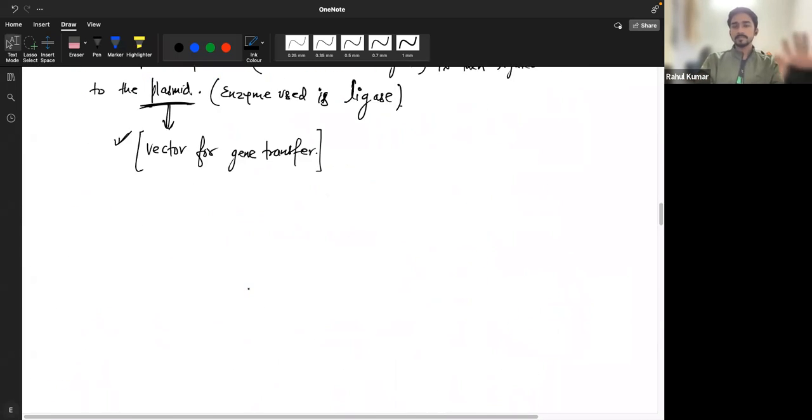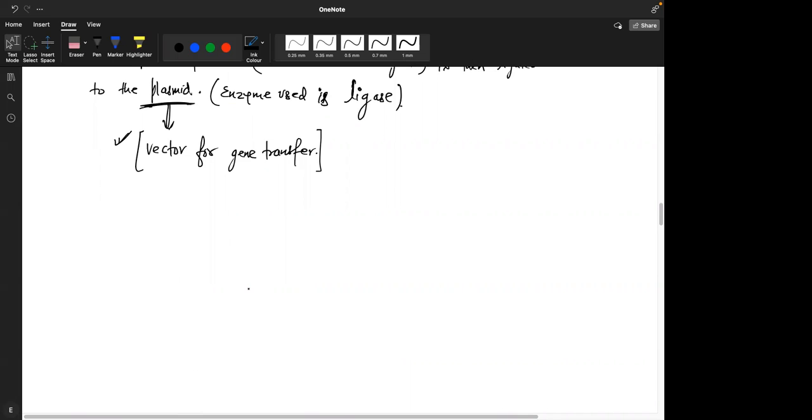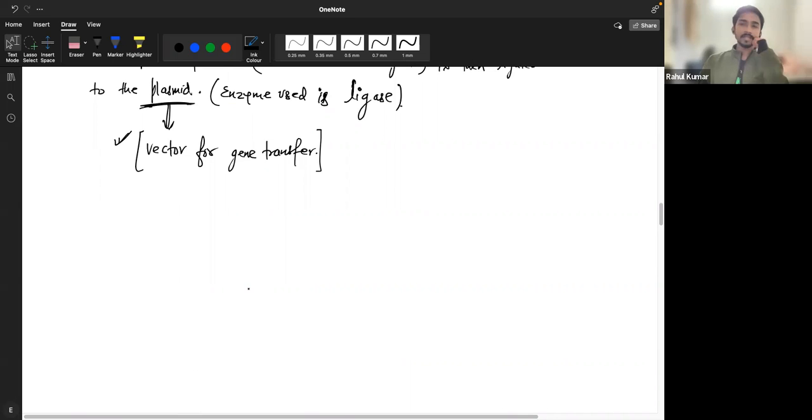Till now, everything clear? How to make a recombinant DNA, right? But one question is, why will a bacteria take up the plasmid that we have created? It can just say, no, I don't want your plasmid. I have my own plasmid. Or I don't have a plasmid, I don't need a plasmid. Thank you so much, I'm good.